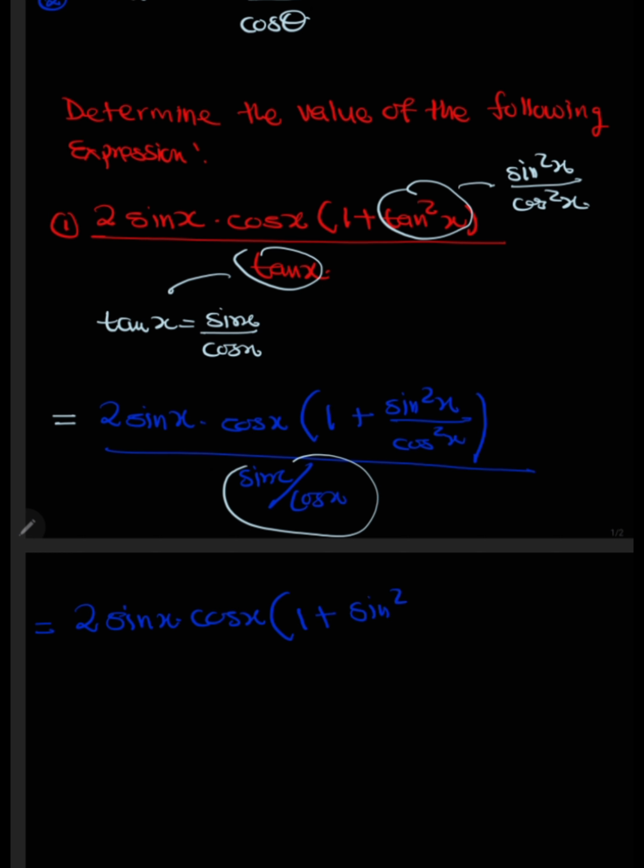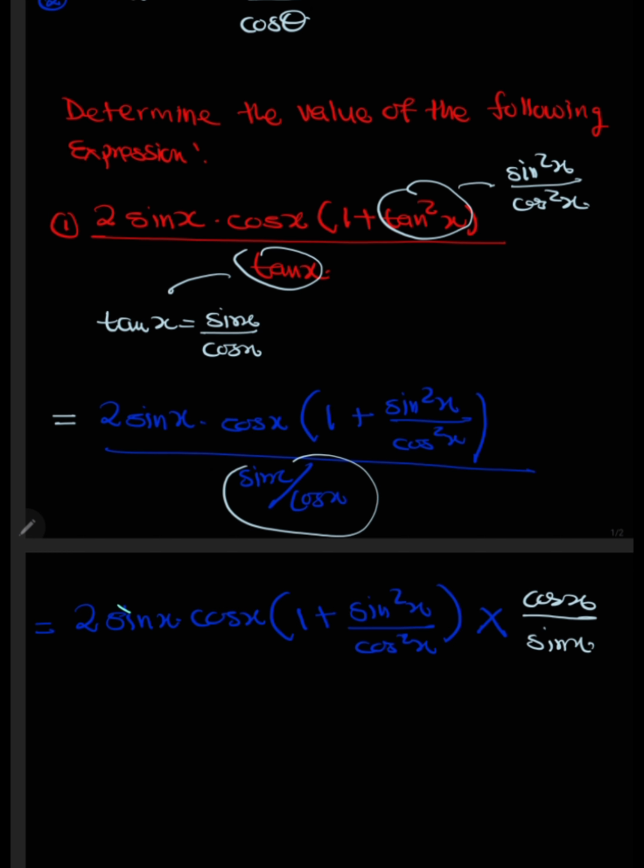Sine squared x over cos squared x multiplied by the reciprocal of this fraction in our denominator, which will be cos x over sine x. From here, we can divide.